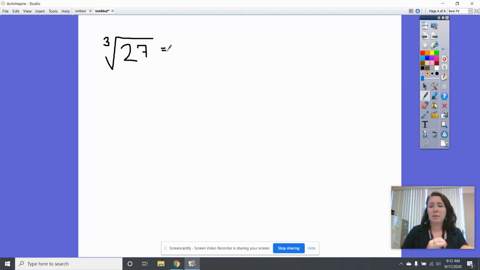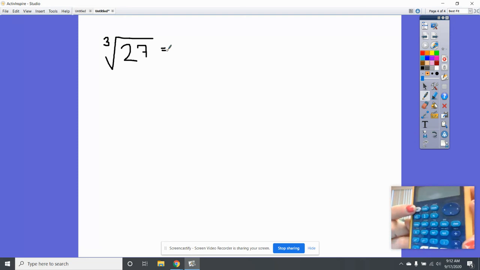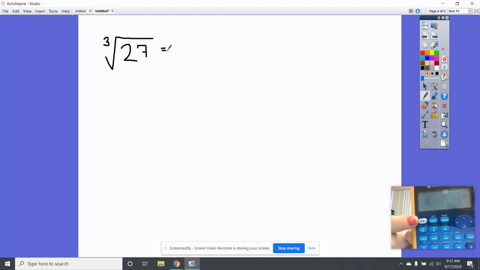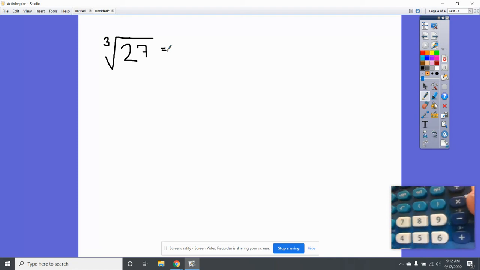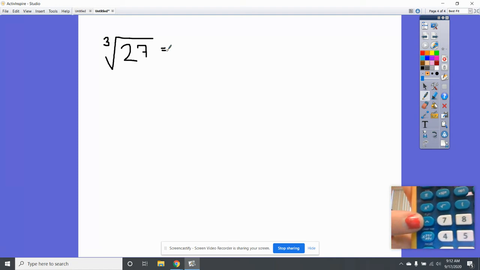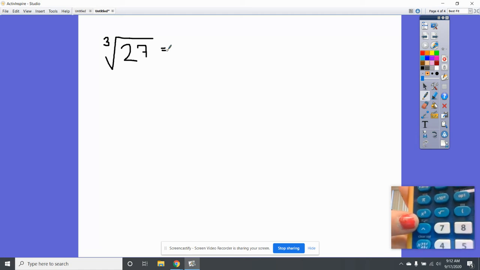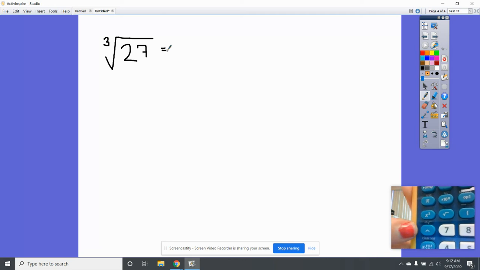But if you want to do a cube root, or later maybe a 4th root or a 5th root, you need to click second, and then look right above this button: it has x with the square root symbol next to it. So I'm going to push this button.